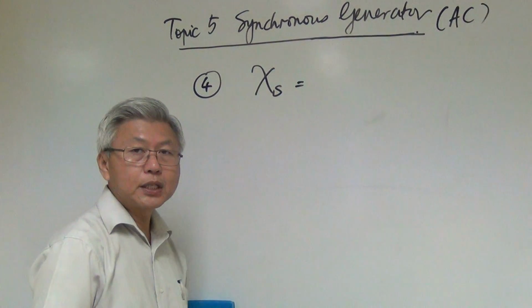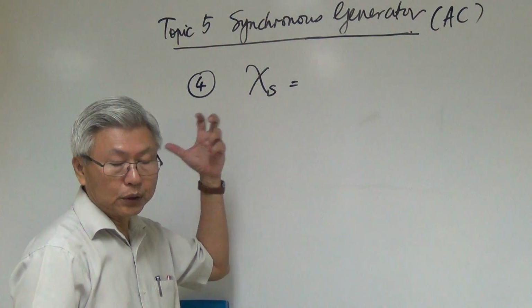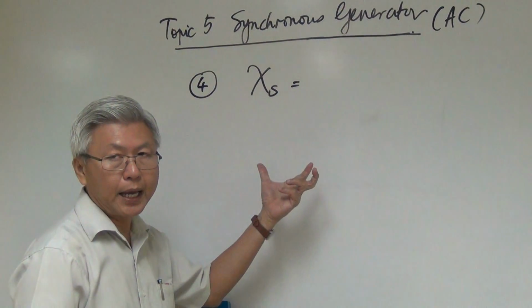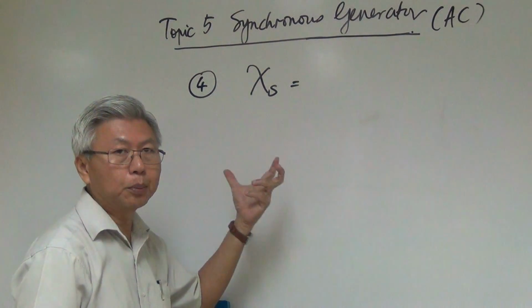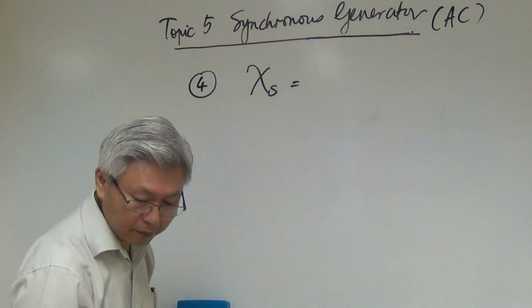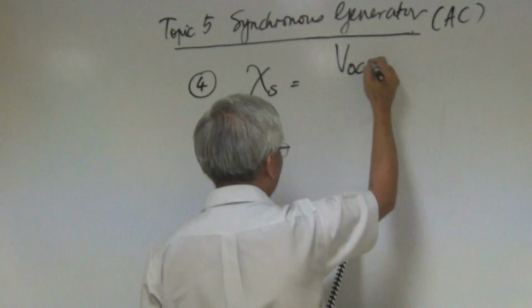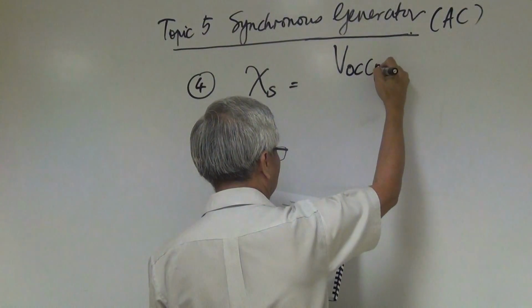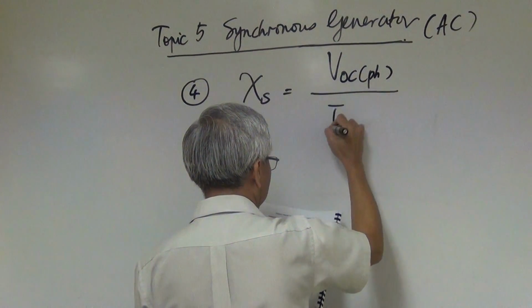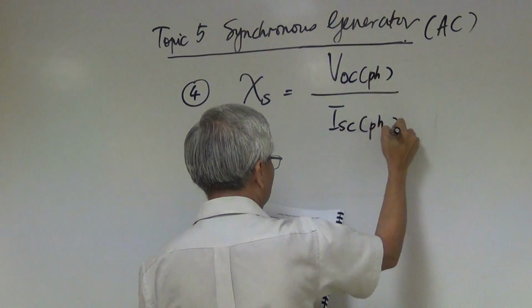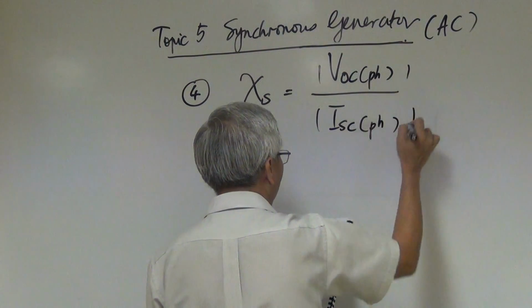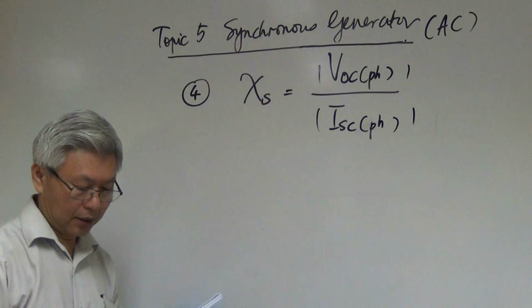Likewise, for the generator, if you do an open circuit test and short circuit test and obtain the open circuit voltage and the short circuit current, then by Ohm's law, the open circuit voltage per phase divided by the short circuit current per phase will give you the synchronous reactance.